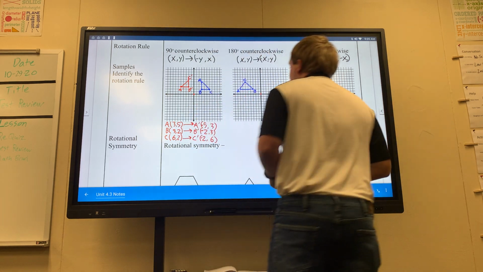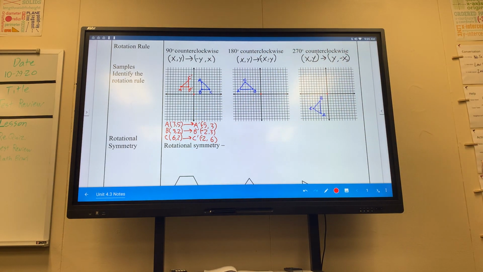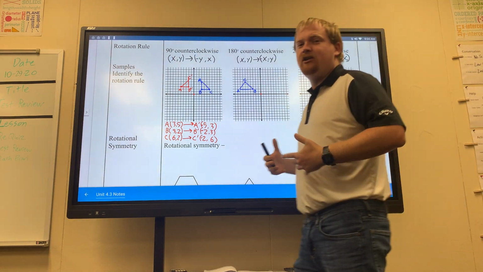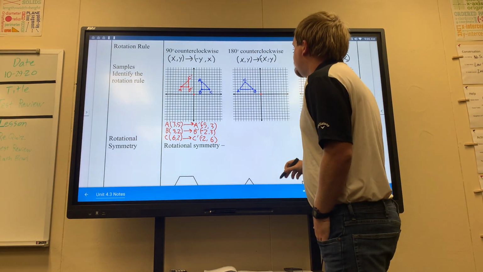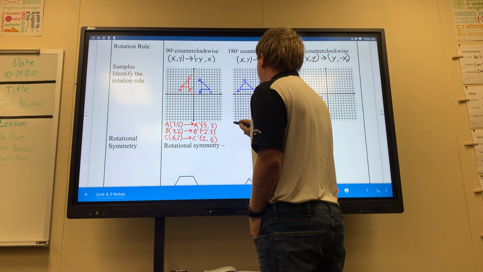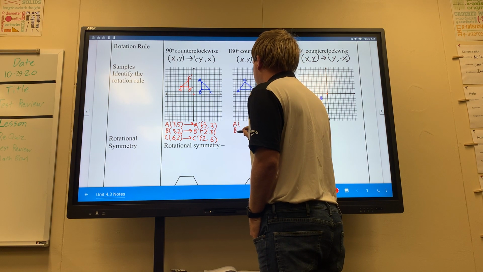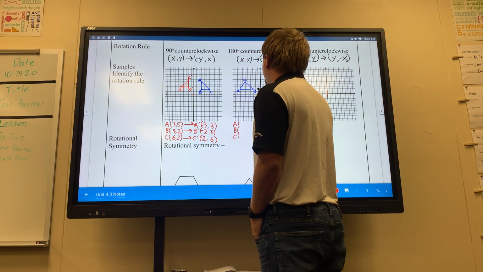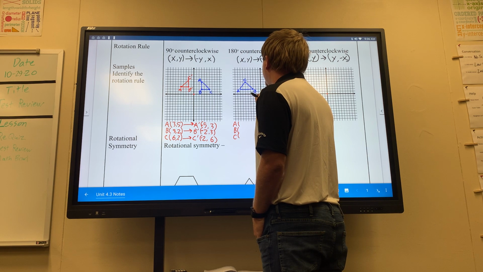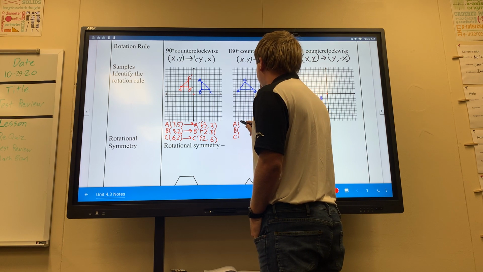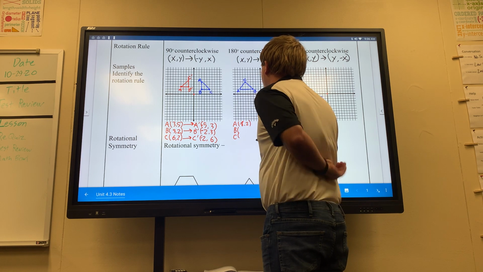Now, the next thing I want to do, I want to be able to do a rotation for 180 degrees. I want to do a 180 degree rotation. So, labeling my points. I know point A is going to be 1, 2, 3, 4, 5, 6, 7, 8, 2, or negative 8, comma 2.